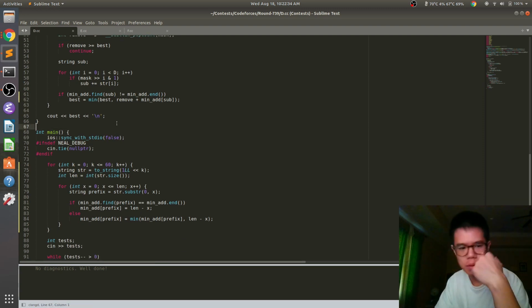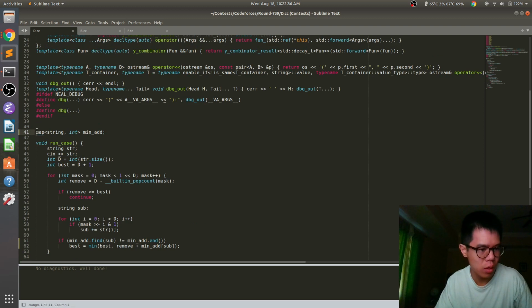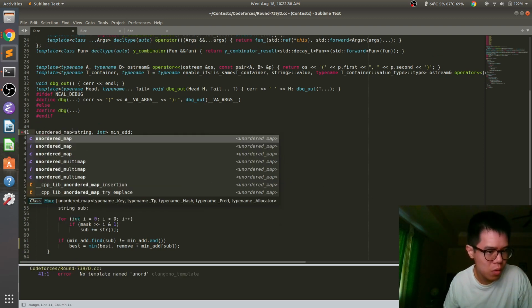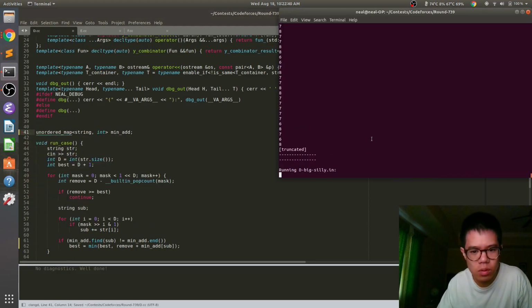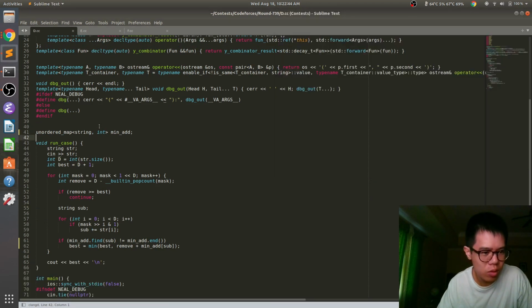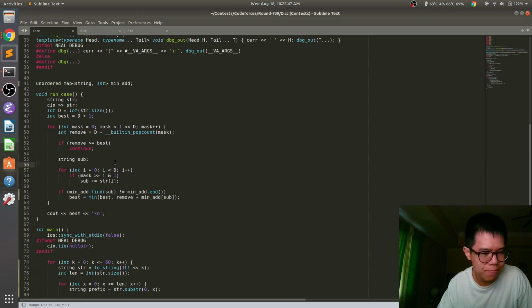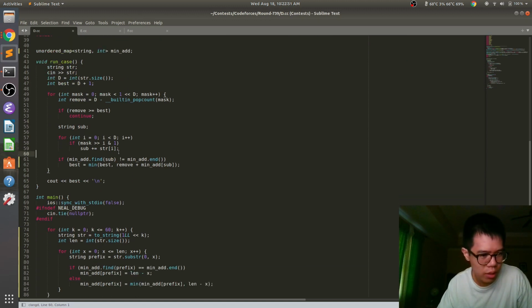Oh, because the math lookups are slow. So I guess we need, is this better? It's a little better. Maybe we can avoid 2 to the 10th.